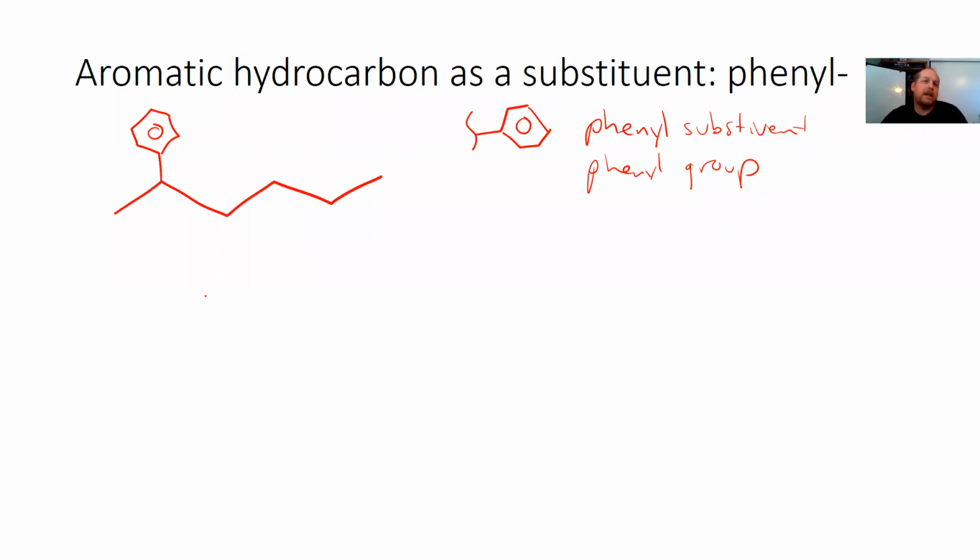Okay, and so on this one, you could imagine counting, right? 1, 2, 3, 4, 5, 6, and you could say that this would be 2-phenylhexane, right? So occasionally you'll get these as substituents on larger things, and that's where the name phenyl comes from. Okay, it's a phenyl substituent.